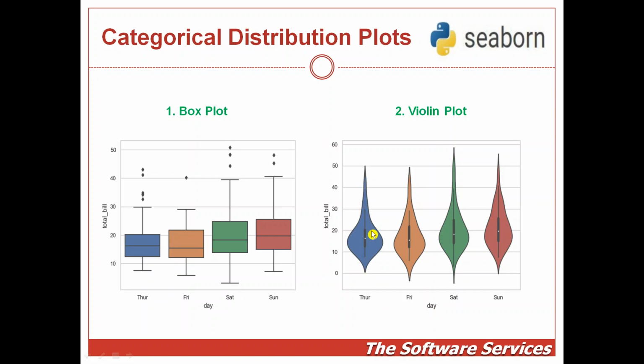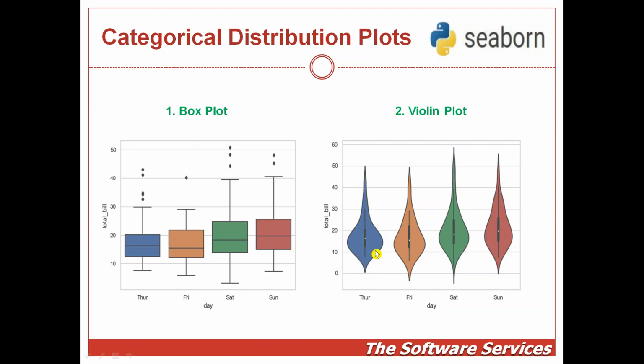This is nothing but a simple kernel density curve that will be drawn. Okay, so wherever the curve's height is maximum, in that area the distribution is more. It tells like that. So instead of a box, it makes use of a kernel density curve.